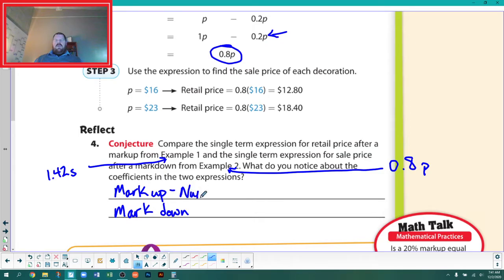The number multiplied by the variable is bigger than 1.